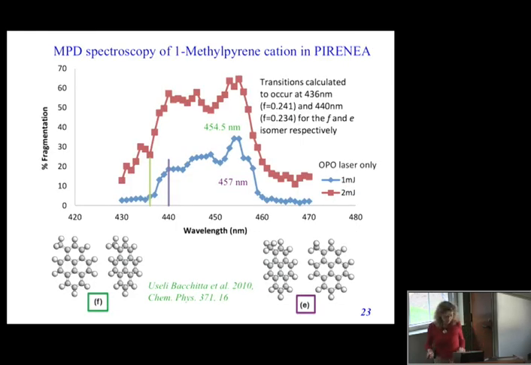So in our setup, we started with the spectroscopy of the 1-methylpyrene cation. You see here, we start to play with the laser conditions to try to optimize the spectroscopy. With the OPO laser only, it's a one-shot experiment.